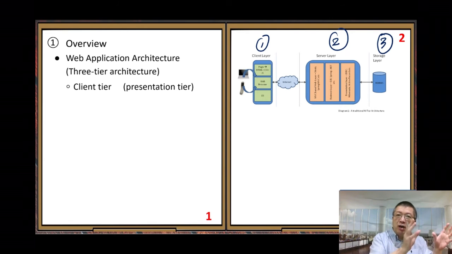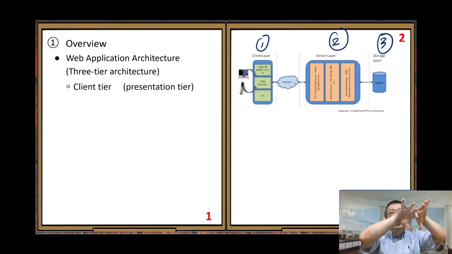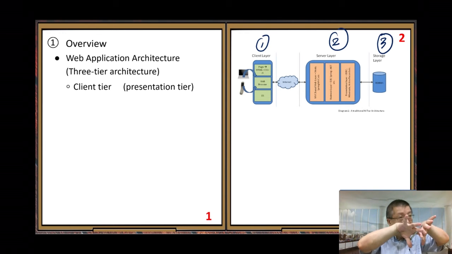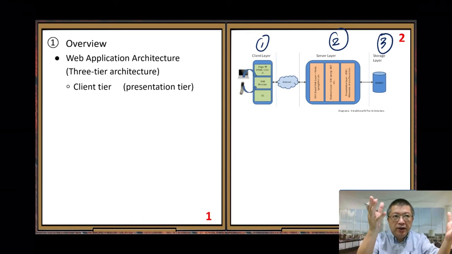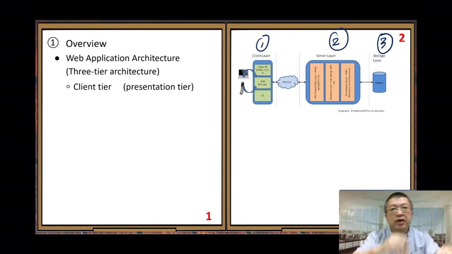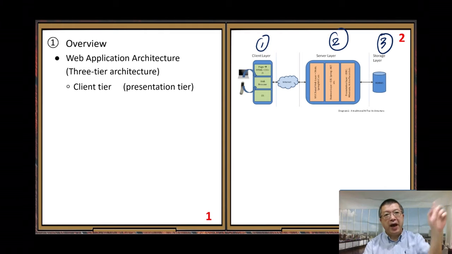After the client side receives the business data, some good presentation way is needed at the client side to present the business data in a well-organized way. So that is the purpose for this client tier.